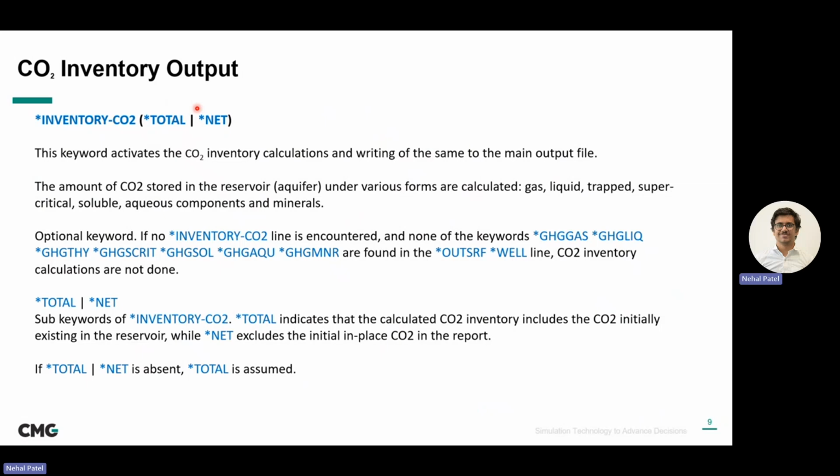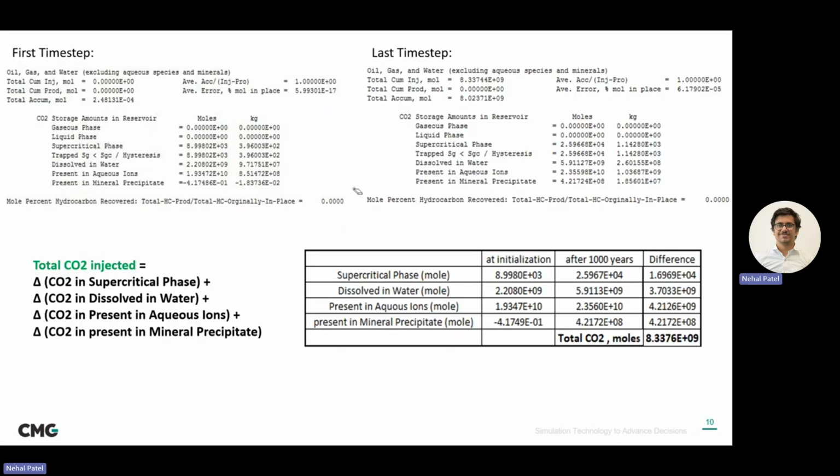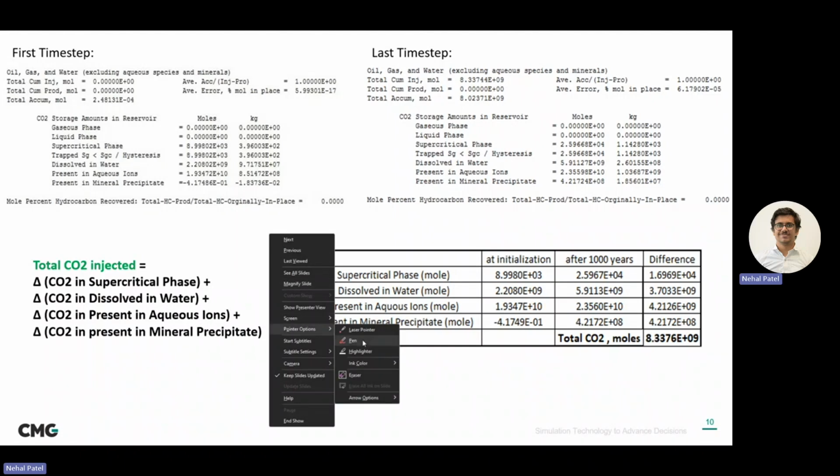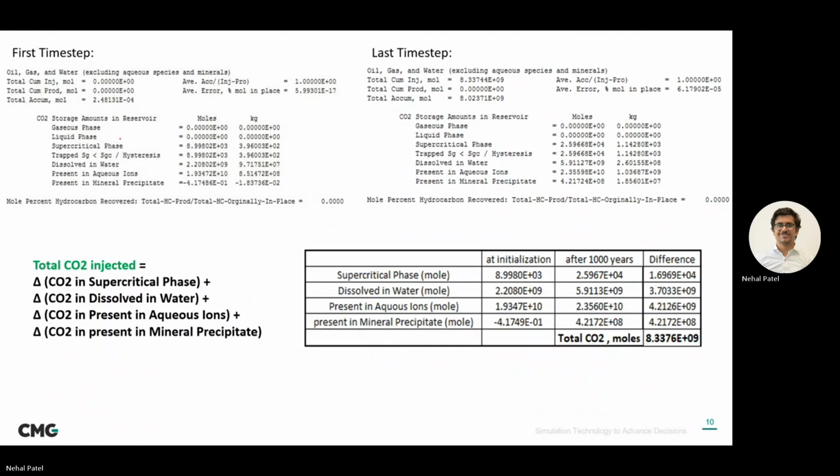Now let's take a look at how it looks in the actual data set. In the first time step in this particular data set, we don't have a sub keyword, so by default it is assuming inventory CO2 total.